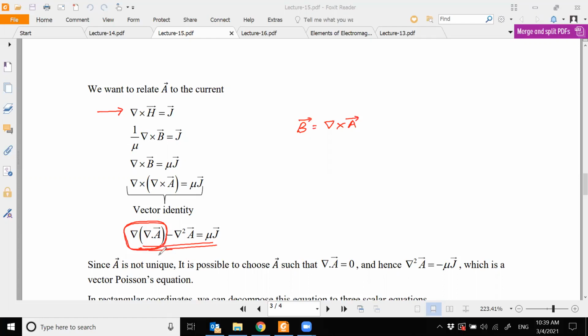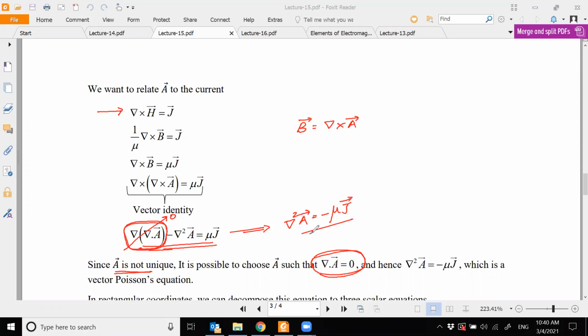Now, the good thing is that mathematically, our magnetic vector potential is not unique. That means the magnetic vector potential expression is not unique. So it is always possible to select a particular expression such that it satisfies del dot A bar is equal to 0. When it does, the left-hand term goes to 0, and we see del square A bar is equal to minus mu J bar.